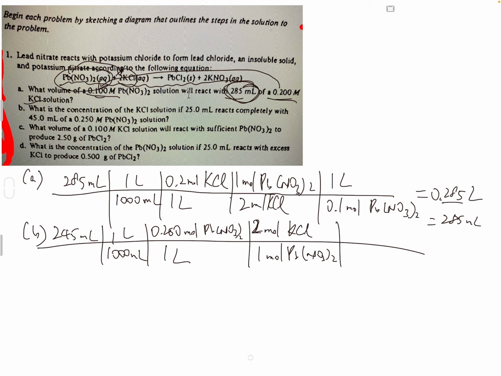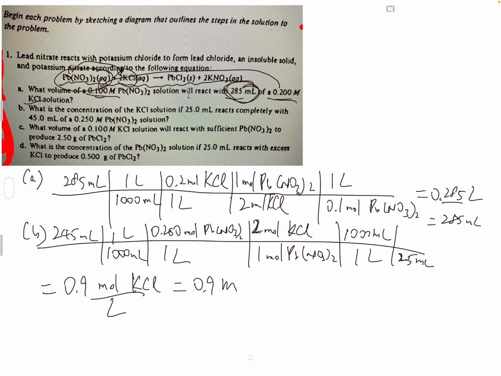Again, 1000 milliliters is 1 liter, and then we have 25 milliliters. After all these calculations, it comes out to 0.9 mole of KCl per liter. So that's the molarity, 0.9 M. So far so good. A and B, we're done. C.